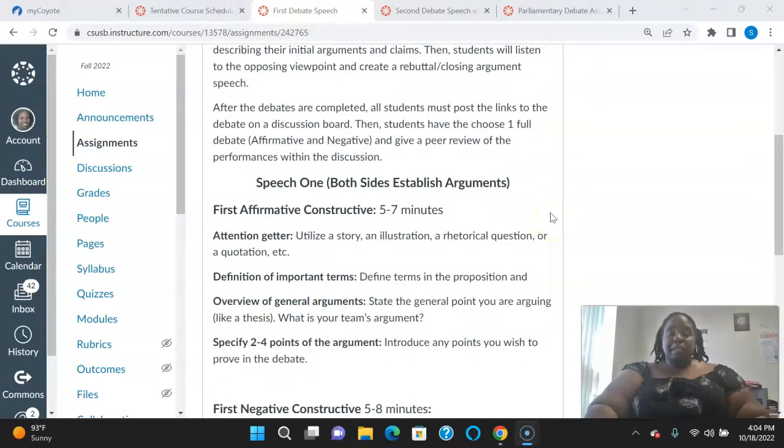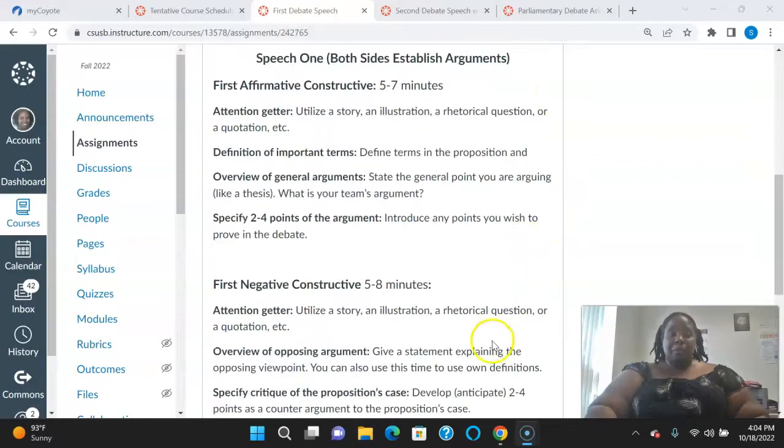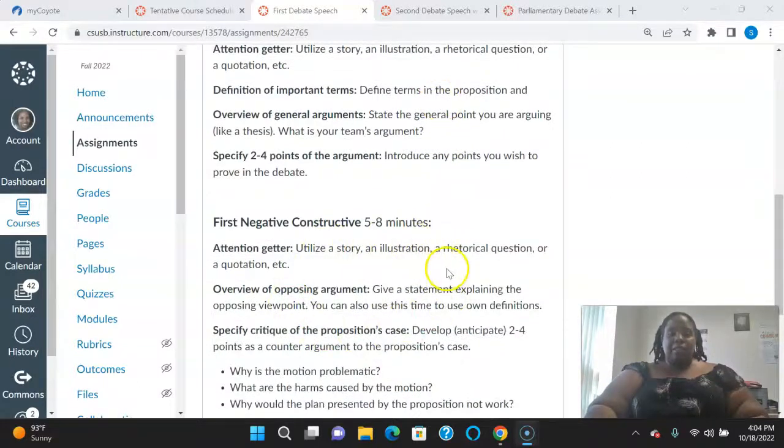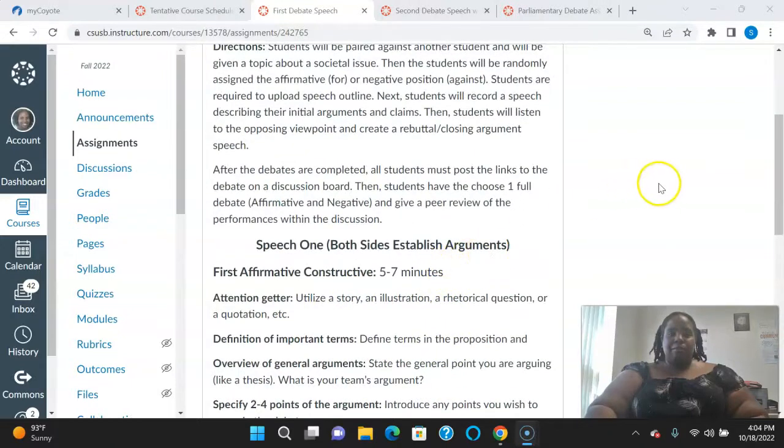So in your first speech, you and your opponent will be establishing your arguments. Depending on the argument, you're either going to be arguing for or arguing against the argument that I give you.